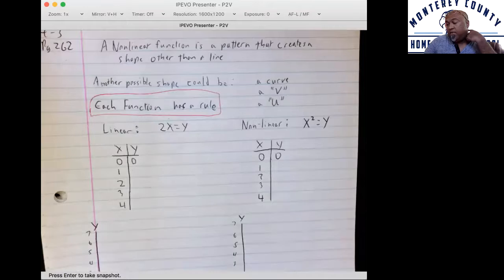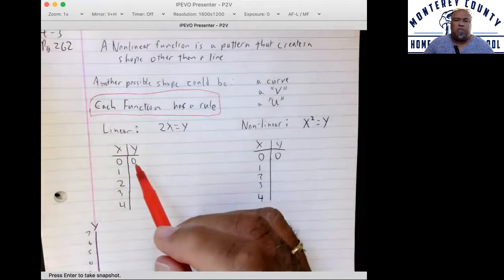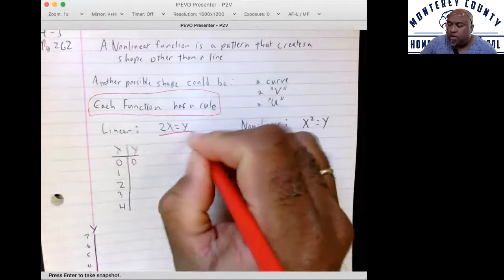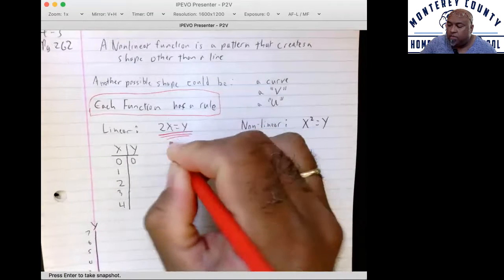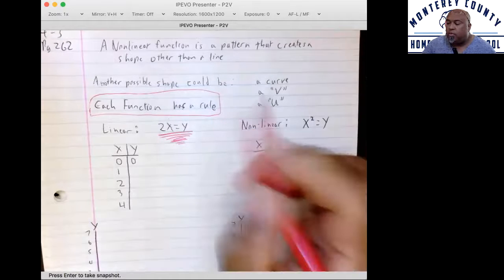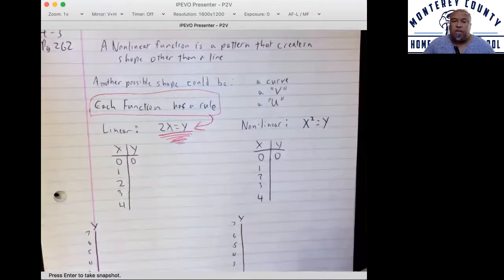I'm going to go ahead and fill out this table, but the rule can be described in words, but it's easiest described if you put it in an equation. When we say the rule, we mean that equation that gives you whatever the y value is.